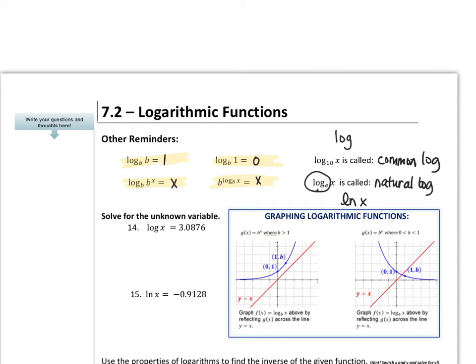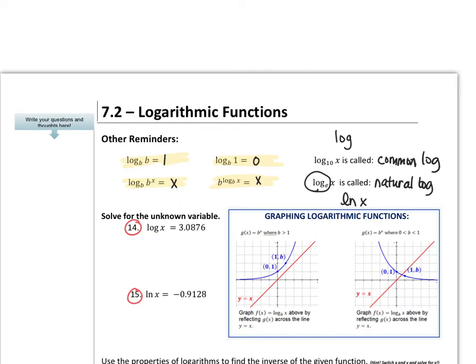So on the next part, where it says solve for the unknown variable, if you have an equation like these two with just log or just ln, then you're going to write it in exponential notation. Remember that if you have just log, this is like a base of 10. I don't want you to get used to writing it there because it's never going to be like that when you see it in a book. But that's what it means.